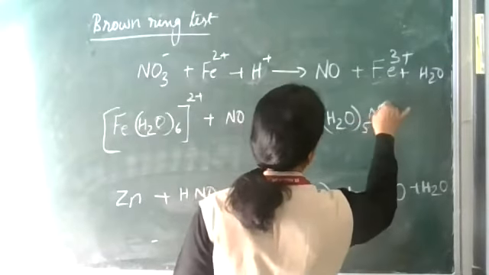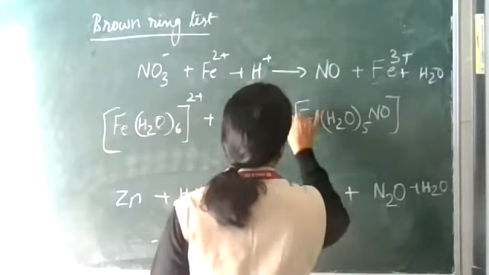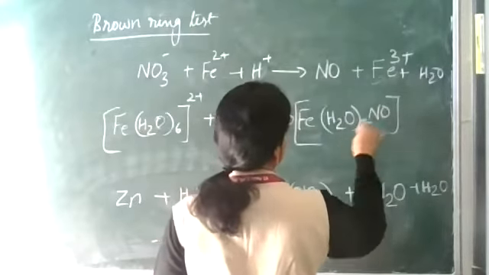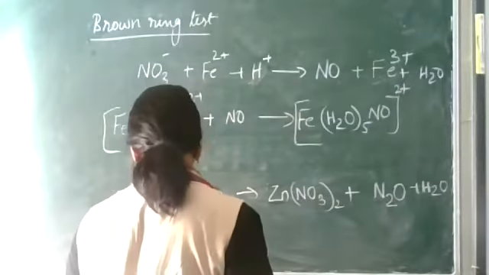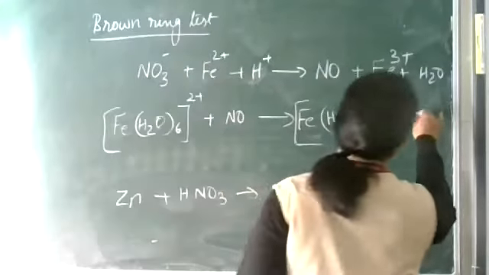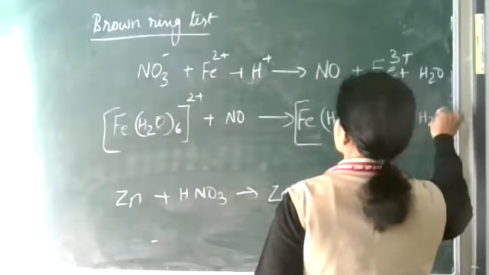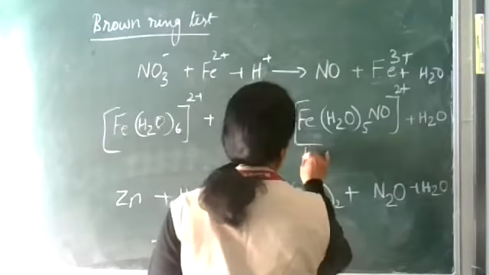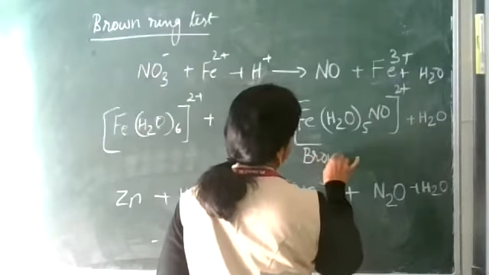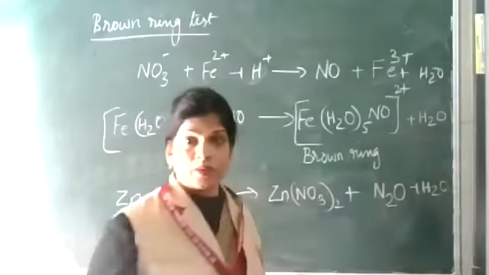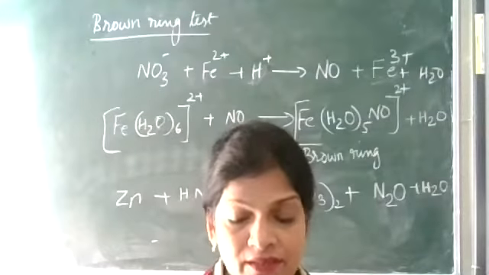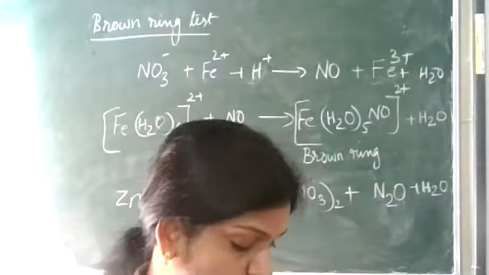This is 5 water plus NO. NO is neutral, so this is 2 plus, 1 plus. So here, on H2O, this is the brown ring. This is the brown ring we see at the junction of these two mixtures.